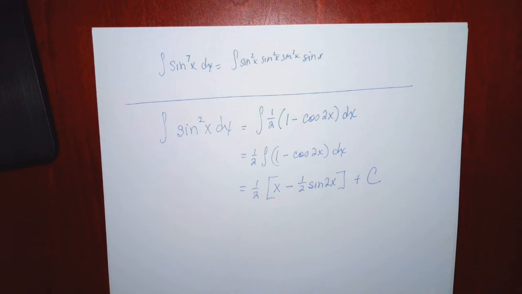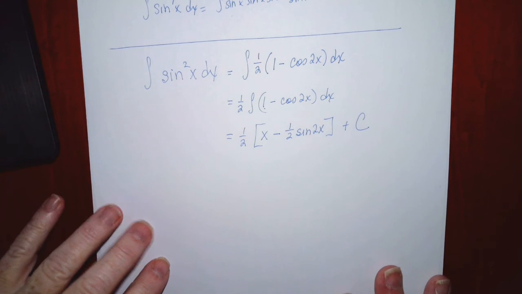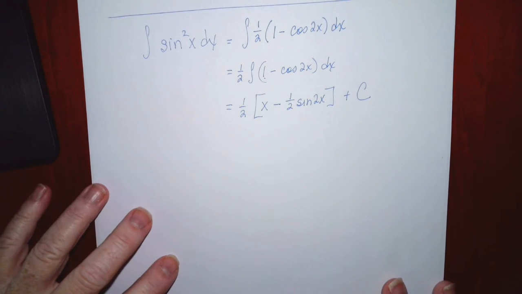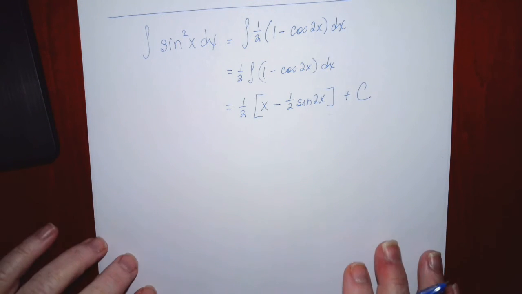When do we use the half angle identity? When we don't have an odd power of sine or cosine. Now these get messier in a big hurry when we only have even powers, because when you have to use that multiple times, you're going to have to multiply it out and all that good stuff.